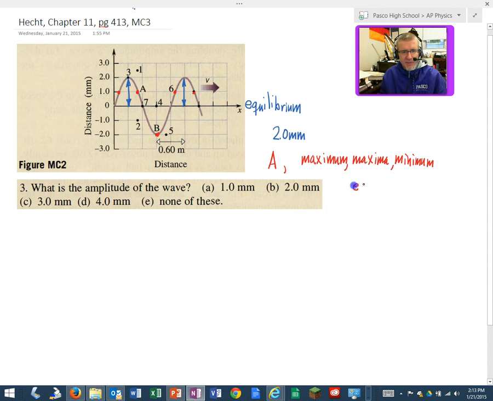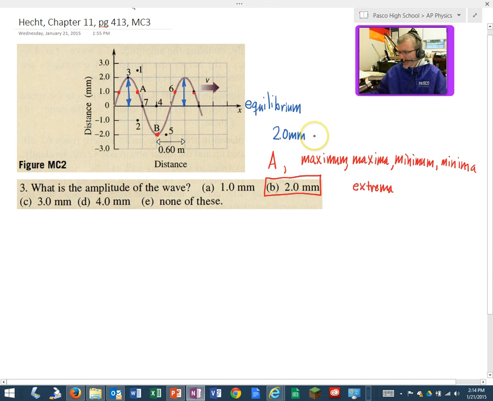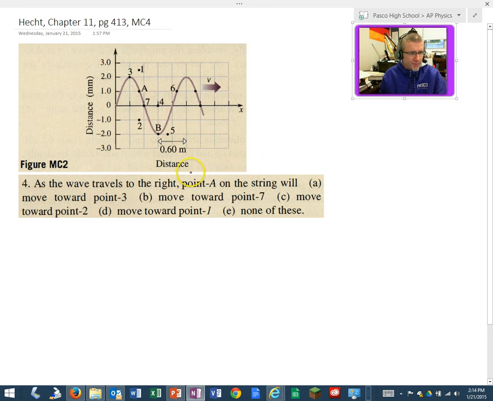And then in calculus we call those extrema. Those are basically the highest and lowest points on the curve. Cool. 2 millimeters, in this case, answer B. That was multiple choice number 3. Let's do multiple choice number 4.